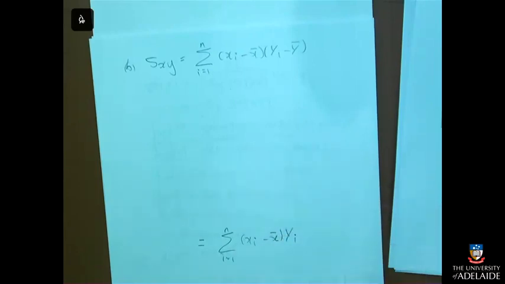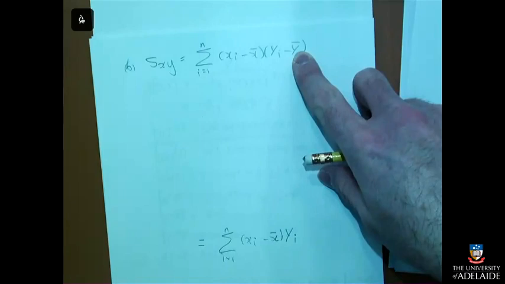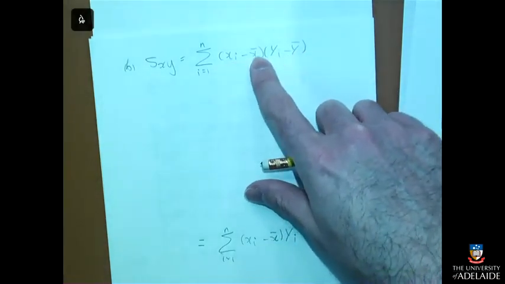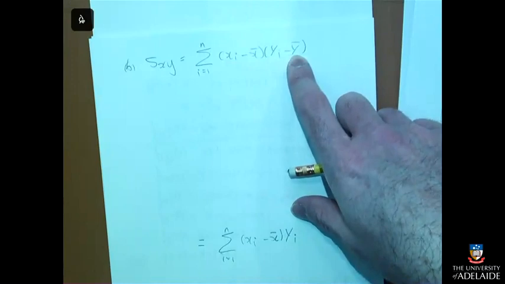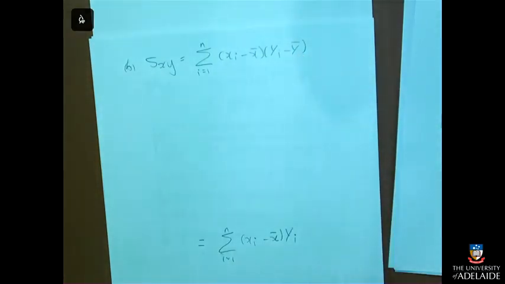Well, it seems to me that the difference between these two things is this minus y bar. So my first instinct to do anything with this is to expand things out, because if I can't think of anything, expanding out brackets is not the worst plan usually.